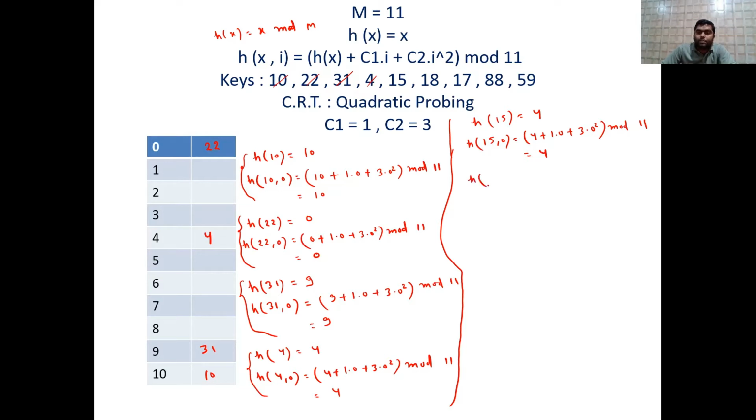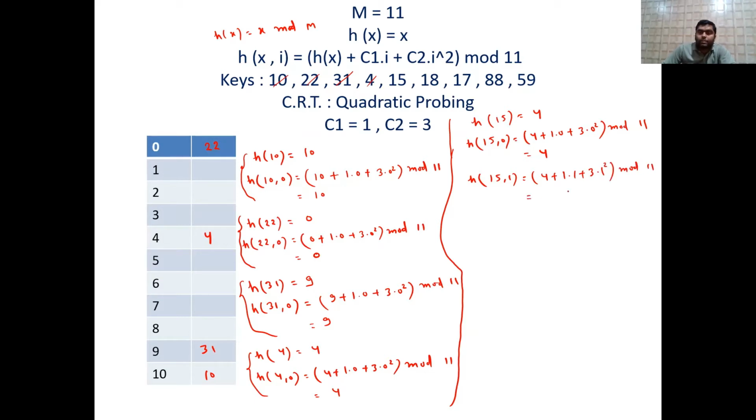So now change the probe number. So it is 15 comma 1. H of 15 is 4, plus C1 which is 1 into 1, plus C2 which is 3 into 1 square, and mod of 11.